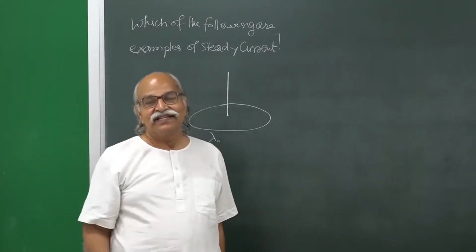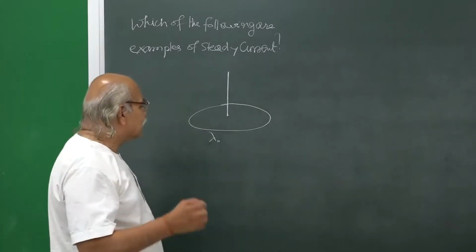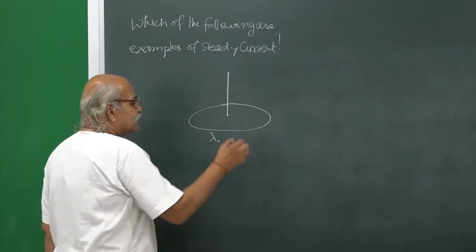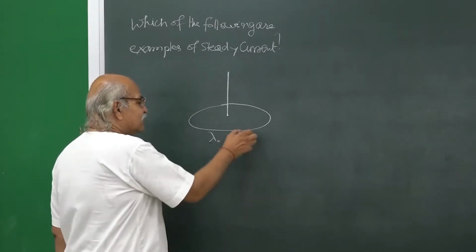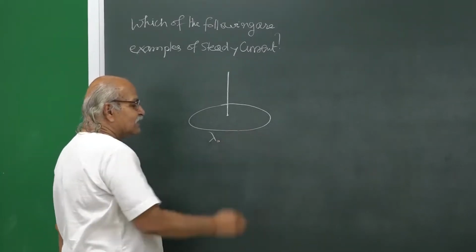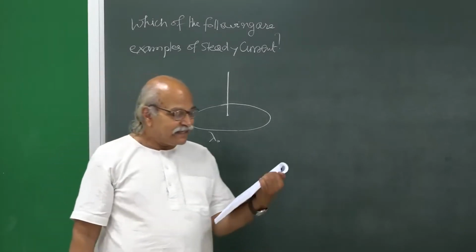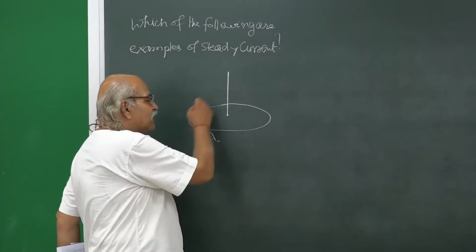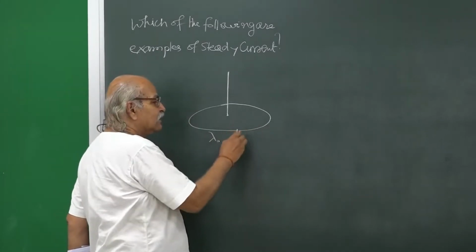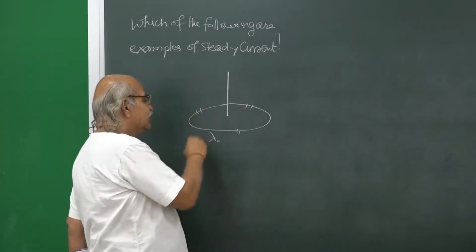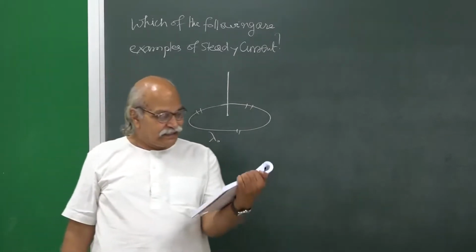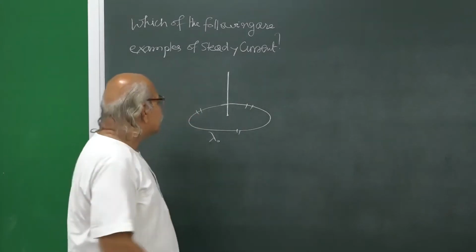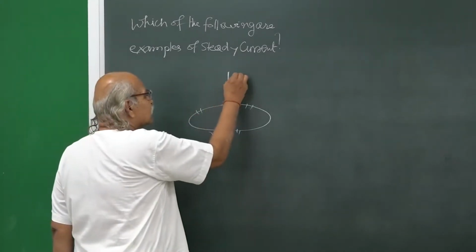If the charges are existing along a line, then you take some dl and see how much is the charge, then divide, that is called linear charge density, and it is uniform linear charge density. That means the same everywhere. You take this dl here or this dl here, it is the same, and that is lambda naught, and it is rotating about its axis with a constant angular velocity omega.